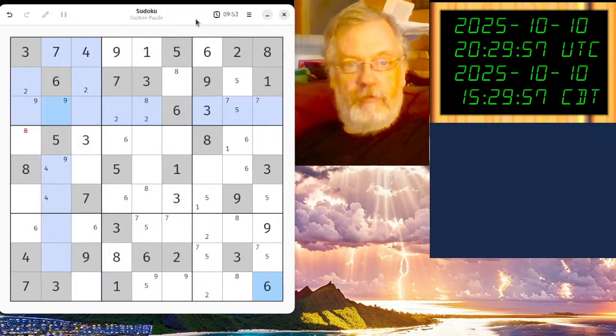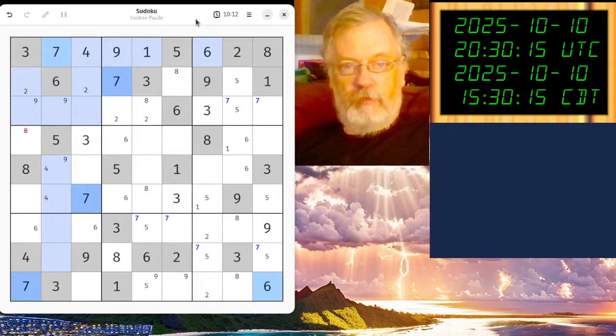How about 6s? I've got several 6s now. One of those 2 is going to be a 6. One of those 2 is going to be a 6. Got 2 possibilities there and 3 there. Okay. 7s. 2 possibilities there. 2 there.